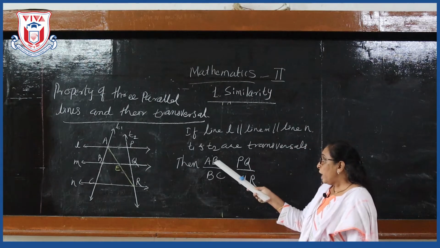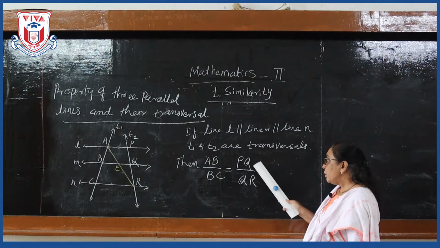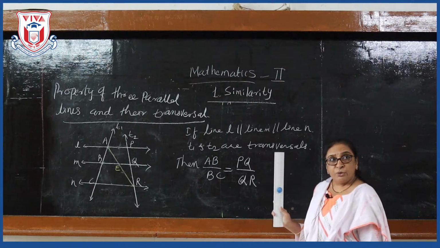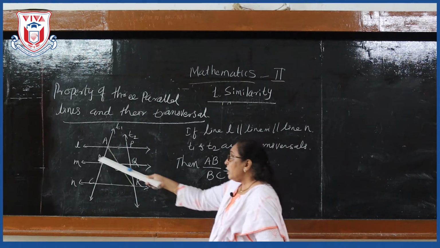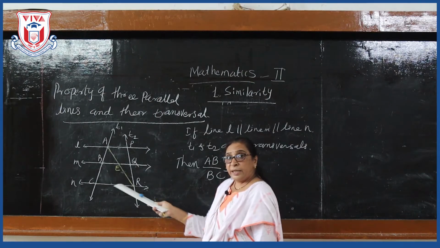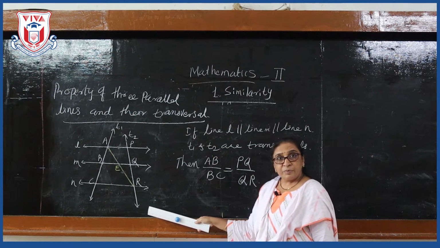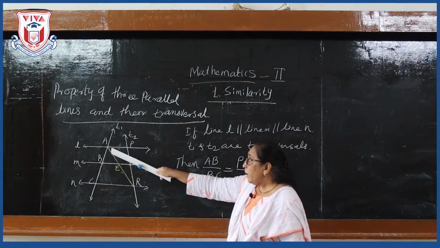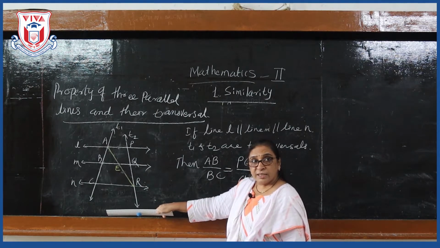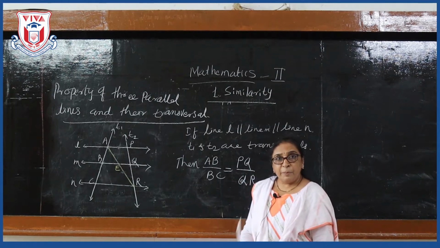So AB upon BC is equal to PQ upon QR. So when three parallel lines are intersected by two distinct transversals, the intercepts made by those transversals are in proportion.